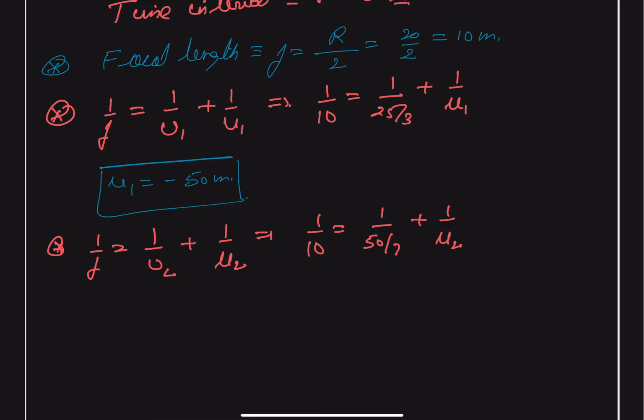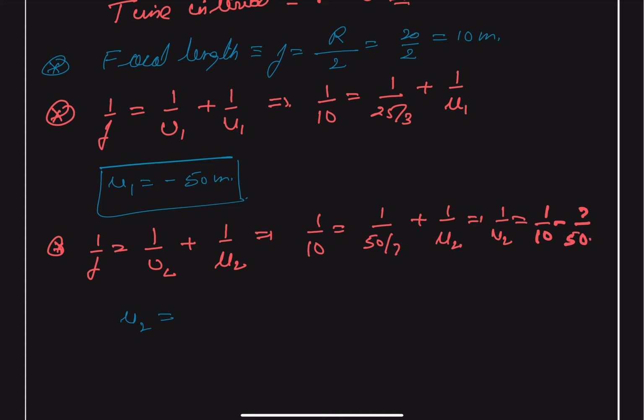So let me write it here, 1 upon u2 is equal to 1 upon 10 minus 7 upon 50.